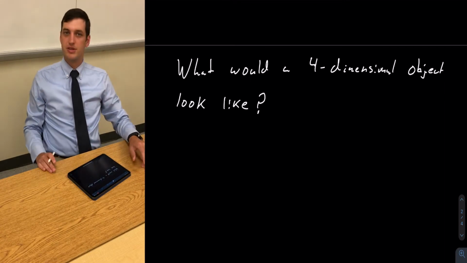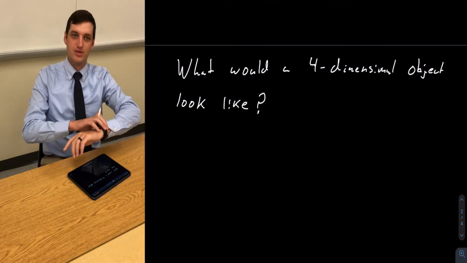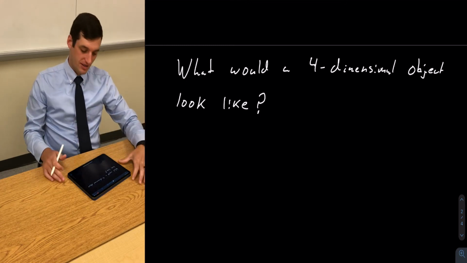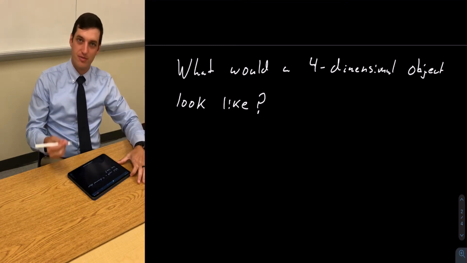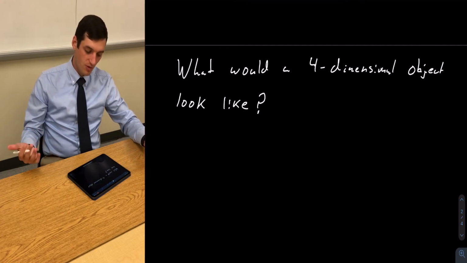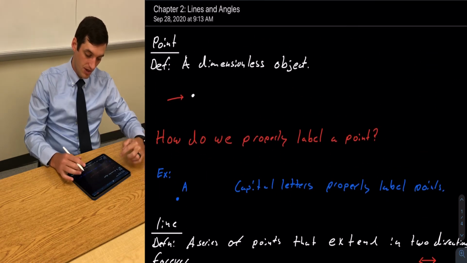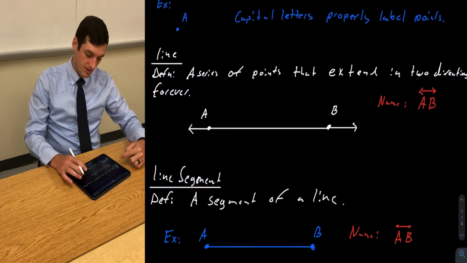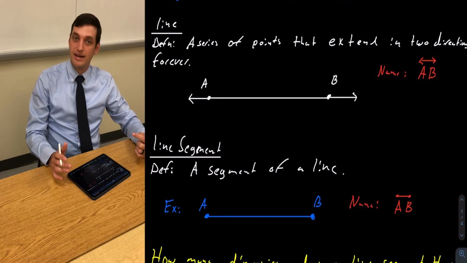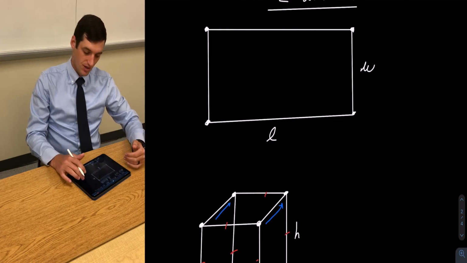And I'm actually going to put this as your first question on your assignment so there won't be any confusion on what to turn in and stuff like that. This is going to be from the video, and I'll put on the assignments from the video. But what does a 4-dimensional object look like? We've just gone through a 0-dimensional object, a dimensionless object. We went through a 1-dimensional object. We have now gone through a 2-dimensional object.